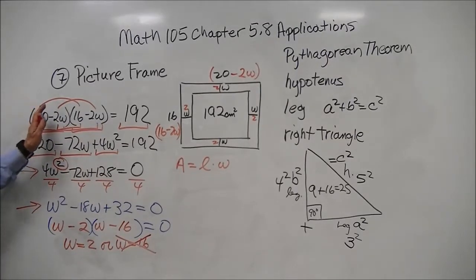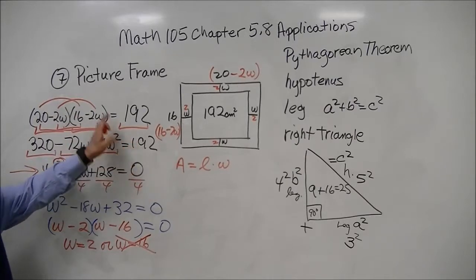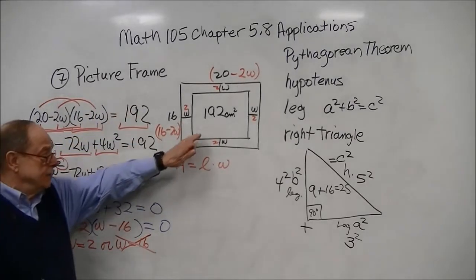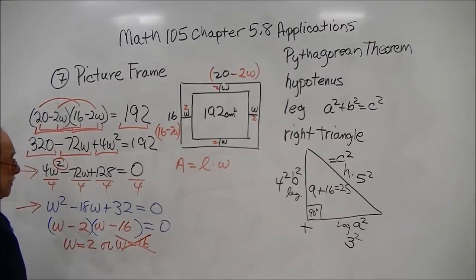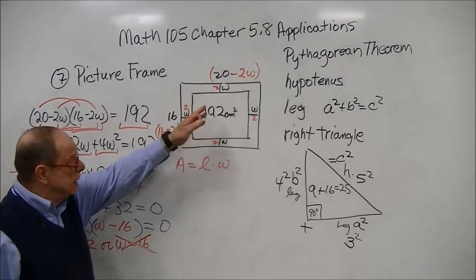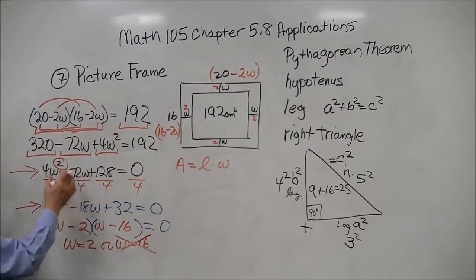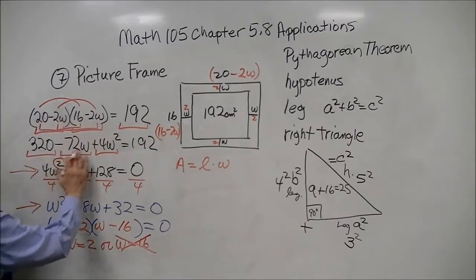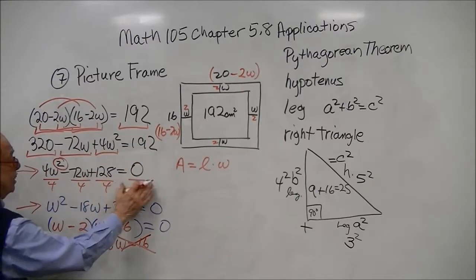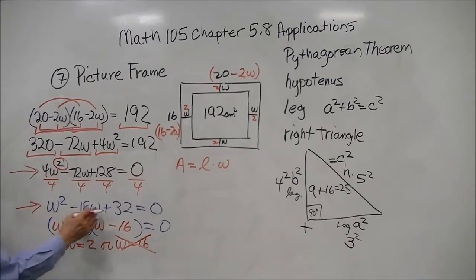And again, all they gave me was the original problem. I had to develop the technique of making a picture, figuring out I could have used an X instead of a W, or any letter, get my initial equation, foil it, put it in standard form, simplify it, factor it, get the answers, and then see if one answer made sense and the other not, and that's what we found.